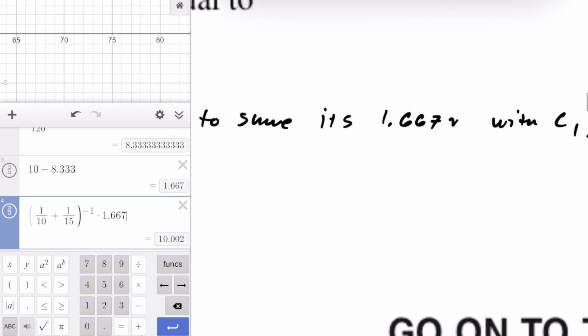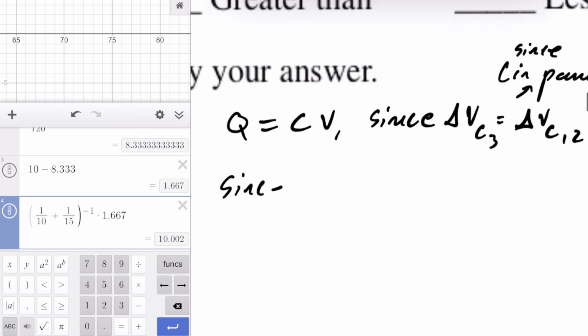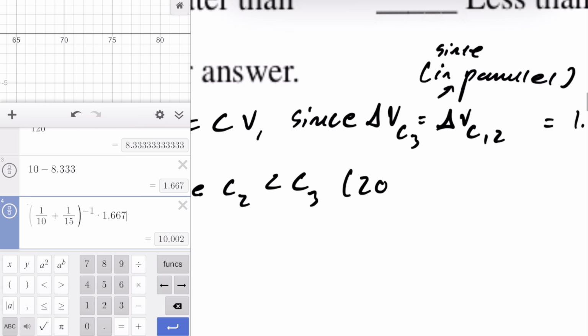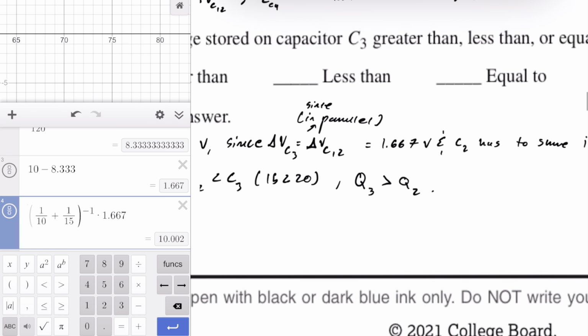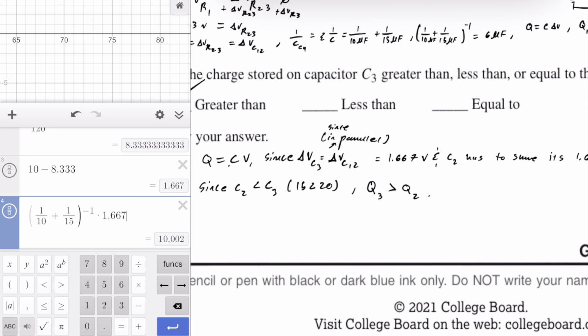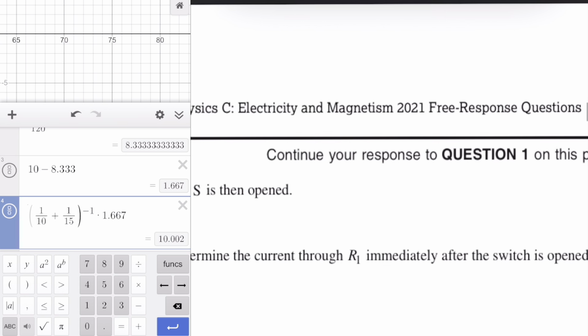And since C2 is less than C3, right? 15 is less than 20. Therefore, we'll just write Q3 has to be greater than Q2. Bam. Does that make sense, right? Because if I have more capacitance and I even have more voltage, that'll just make Q go up a lot. And there we can leave that there.